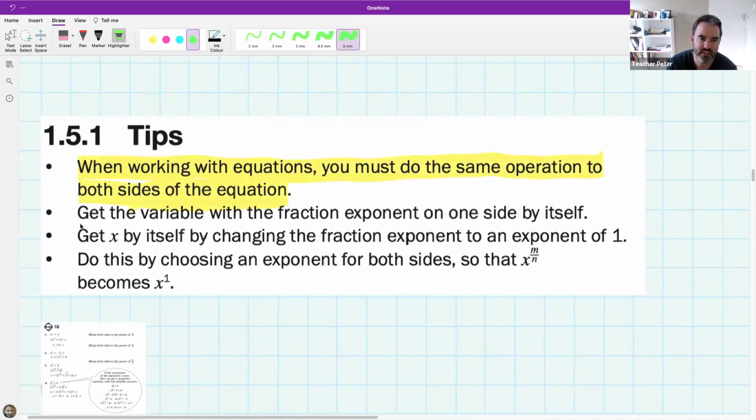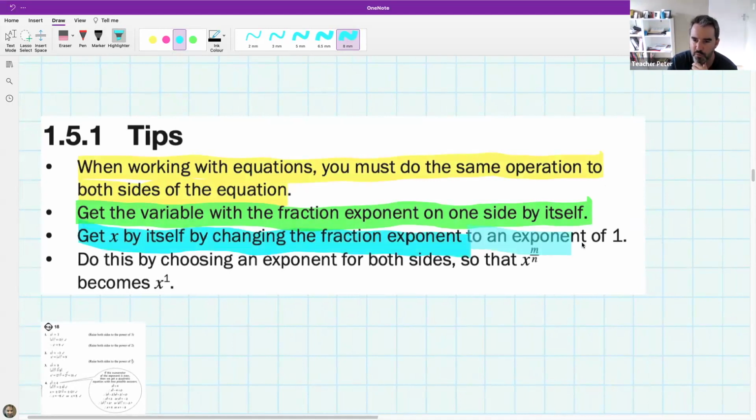Then the other thing is, get the variable with the fraction exponent on one side by itself. Sometimes we say isolate. Then the next step is get x itself by changing the fraction exponent to an exponent of 1. So that's what we were doing up above when we were raising it to the power of 4 over 3 on both sides. We were trying to get it so that x to the power of 1 was by itself.